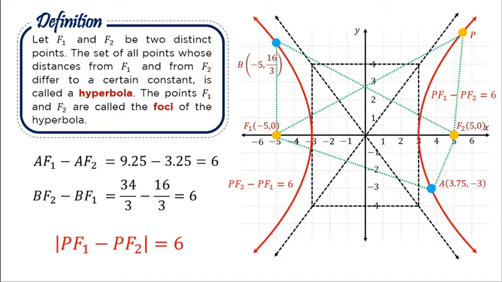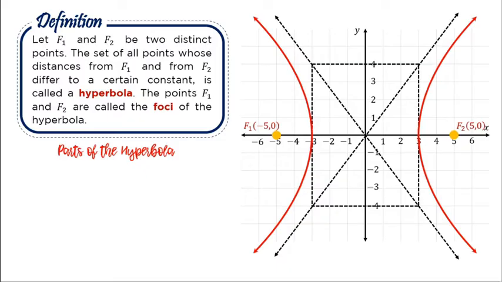Let us now identify the parts of this hyperbola. The first ones are these points f sub 1 and f sub 2. Those are from the definition, the foci of the hyperbola. So we have here focus 1 and focus 2.